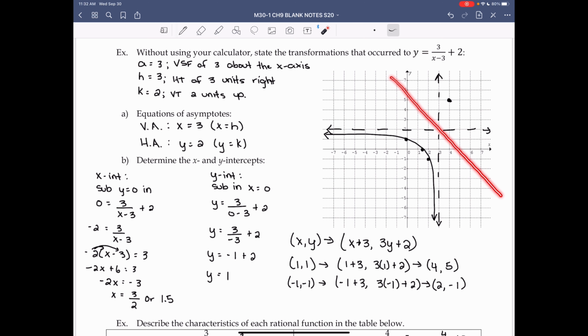Okay, so if we look at the points that we have in the bottom left, I'm just going to draw my line of symmetry. If I look at the points that are down here in the bottom left, I can count how far away they are from the line of symmetry, and then count that far away on the opposite side, and those points would be there.